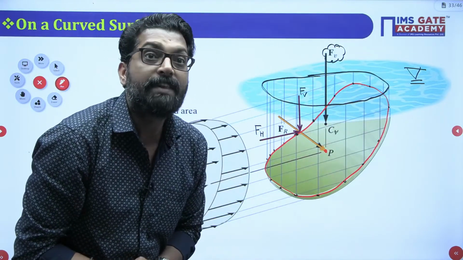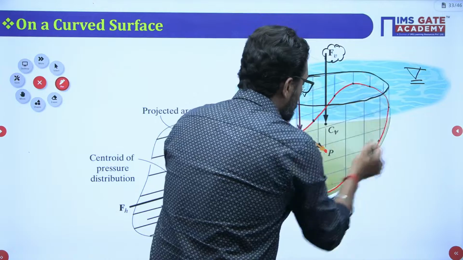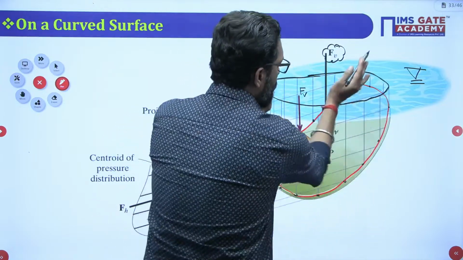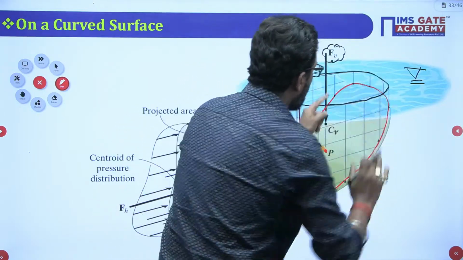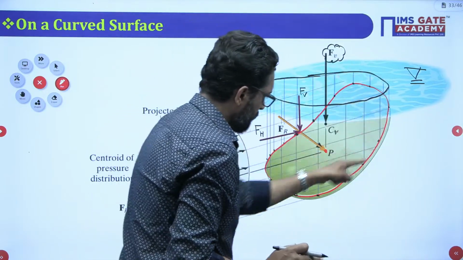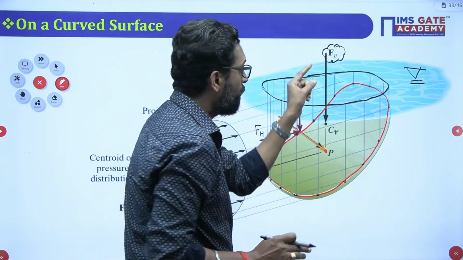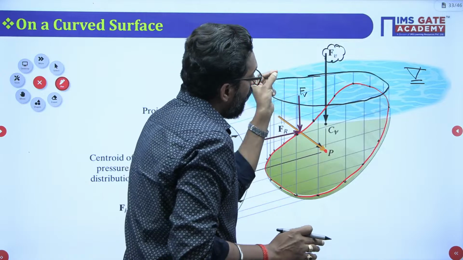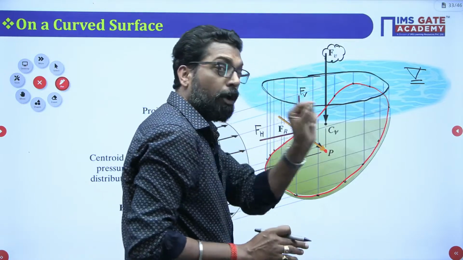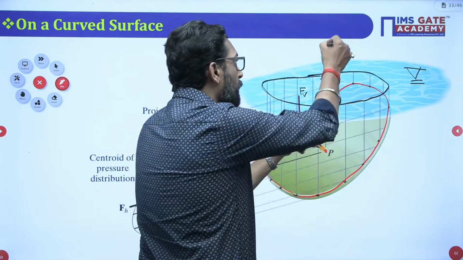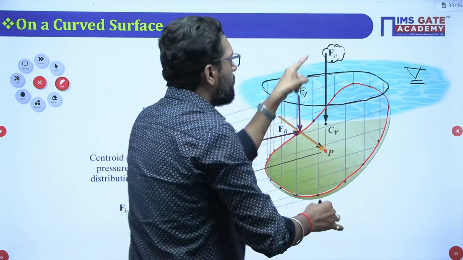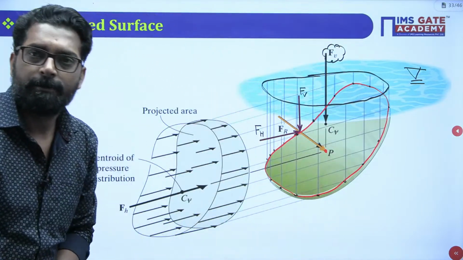That means, what is the volume of this region, and at which point the center of the volume lies, along that point the vertical force will pass.